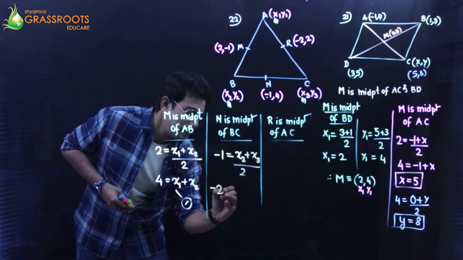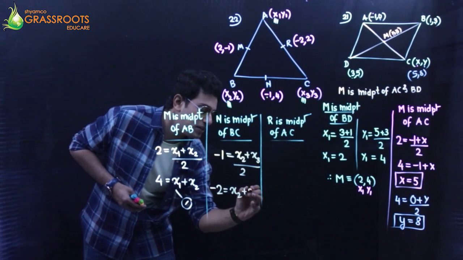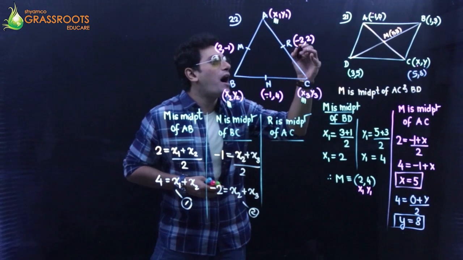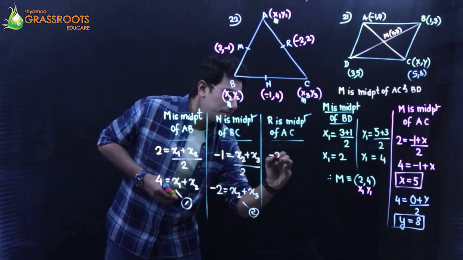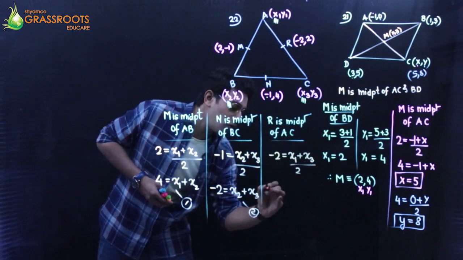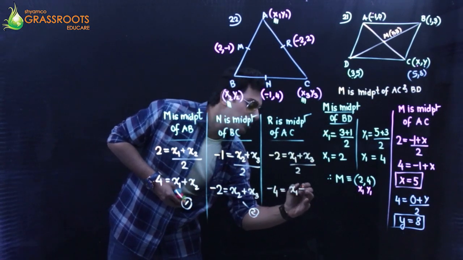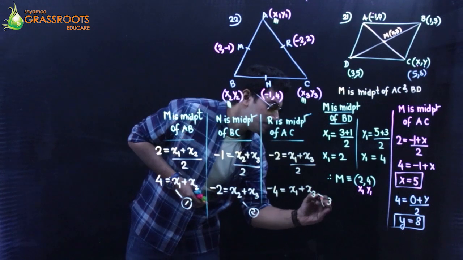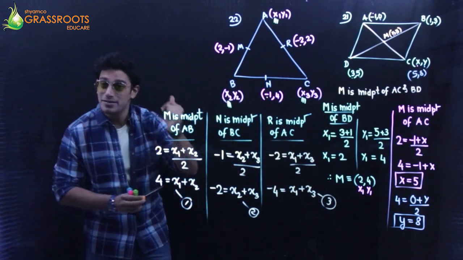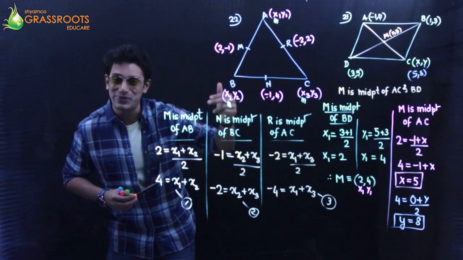Cross multiply. Minus 2 is equal to x2 plus x3. Equation 2. R, that is minus 2, is x1 plus x3 upon 2. Cross multiply. Minus 4 is equal to x1 plus x3. Equation number 3. This is just for x. Similarly, you have to do it for y also.